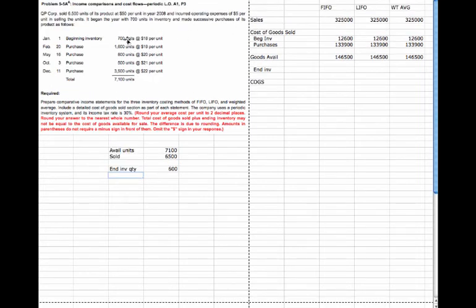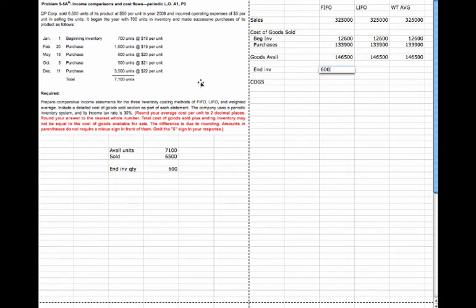So, if that's the case, when we do FIFO, first in, first out, we're going to sell the first items first, and what's going to be left over is the more recent purchases. Remember, we're going to sell the oldest item first. So basically our ending inventory is going to be 600 items using a cost of $22 per unit.